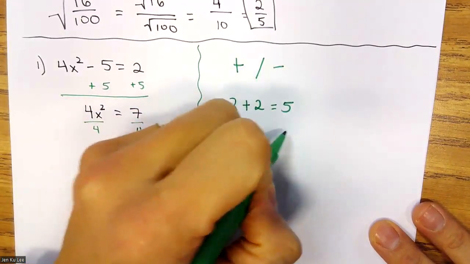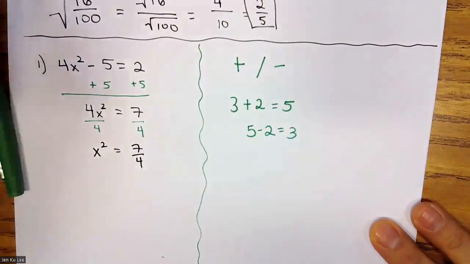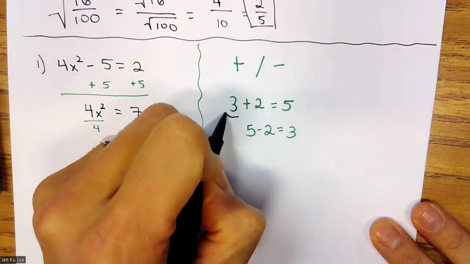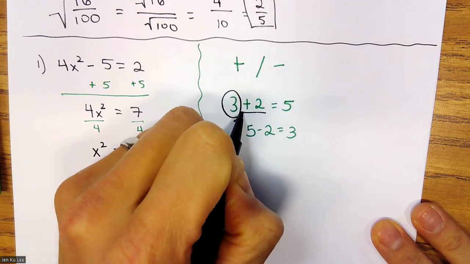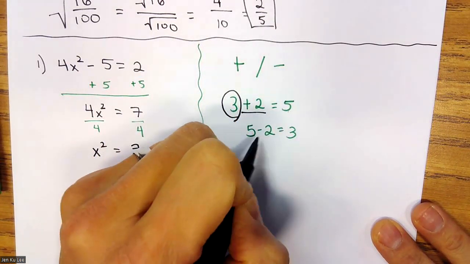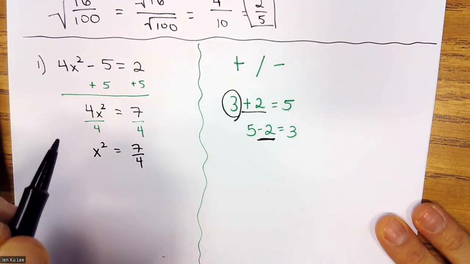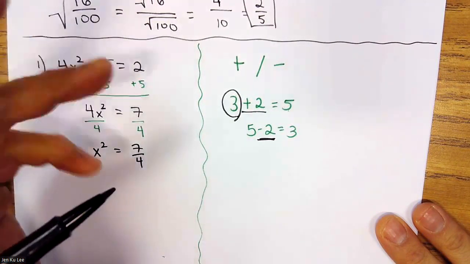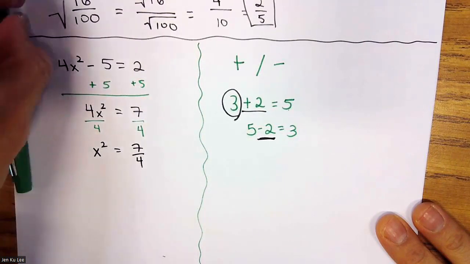And then 5 minus 2 equals 3. So you guys see that I started off with 3, right? I added 2 to get 5. From here, how do I go back to 3? I have to subtract 2. Okay? That's why they're inverse operations.